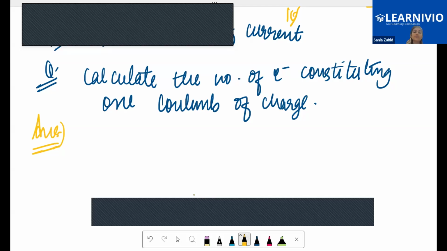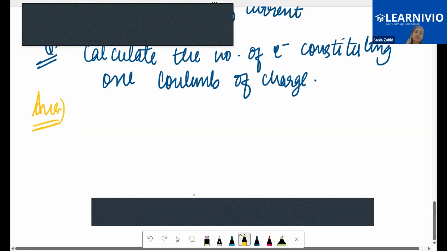See, when you have to define the unit of something, what do you do? You have I is equal to Q upon T, right? So first you write the formula. What is the formula for current? The formula for current is Q by T. So the unit of current is ampere.